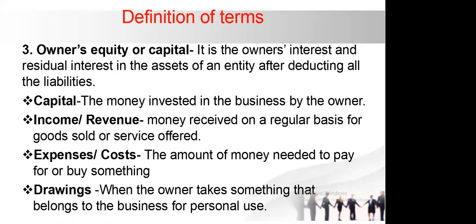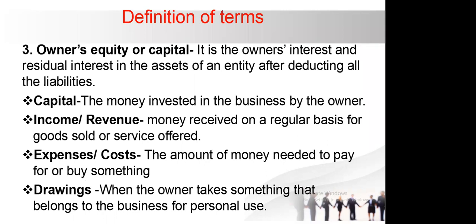Okay, so to move on to the final aspect of the accounting equation. If you took it down, it says assets equals owner's equity plus liabilities. So now we want to look at the owner's equity. Owner's equity is simply what the business owes to the owner of the business.